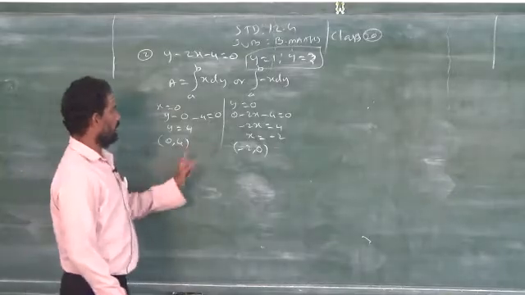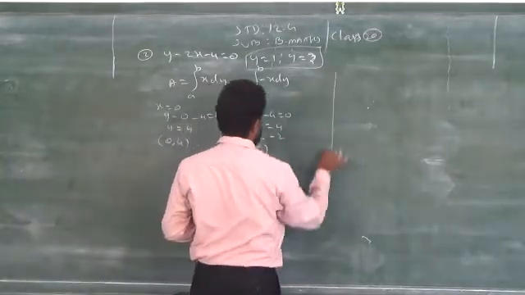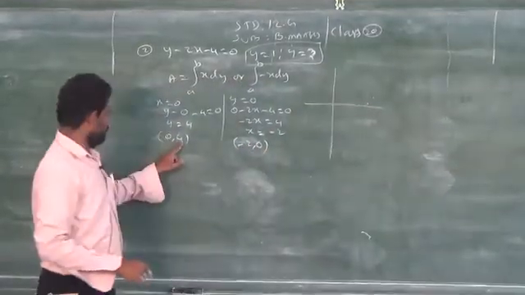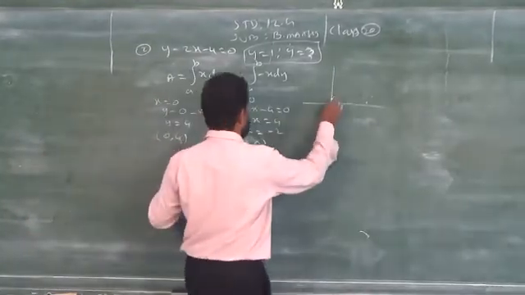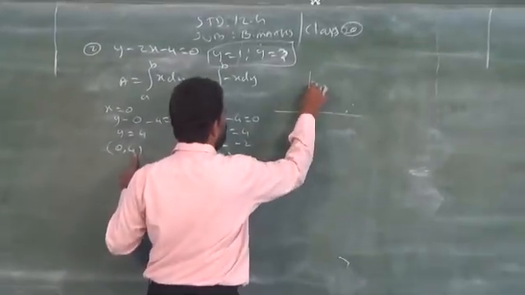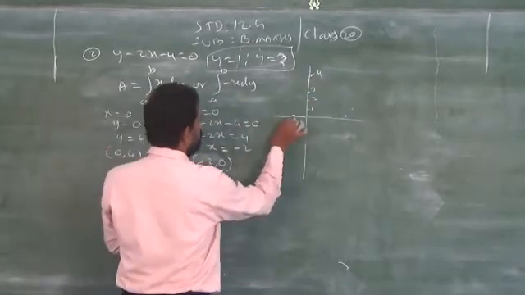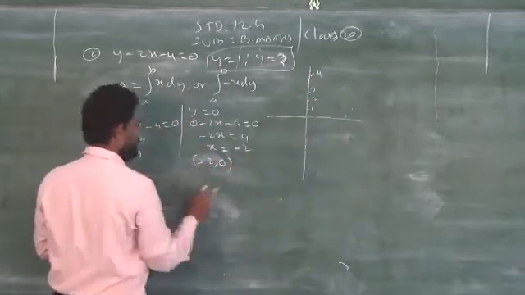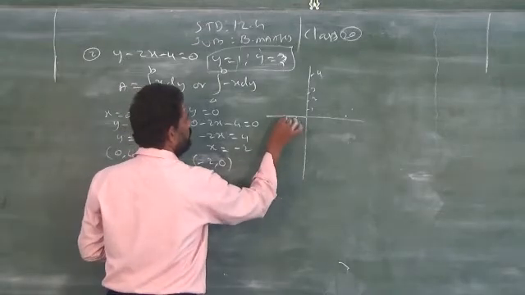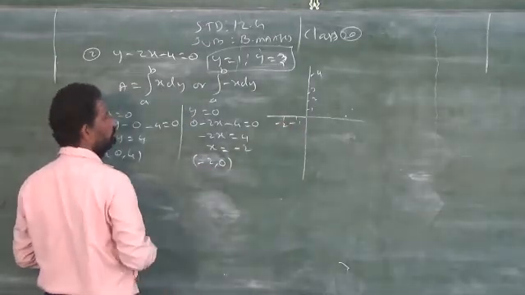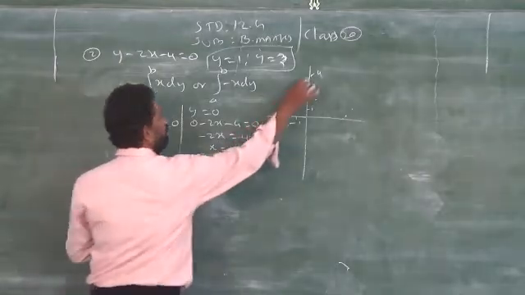Now you have to plot these two points on the graph sheet. Very simple. You see maximum y is 4, so on the positive side 1, 2, 3, 4. Then there is no positive value in the x axis, therefore you take the negative side, depending upon the values, minus 2. Now I have to connect.